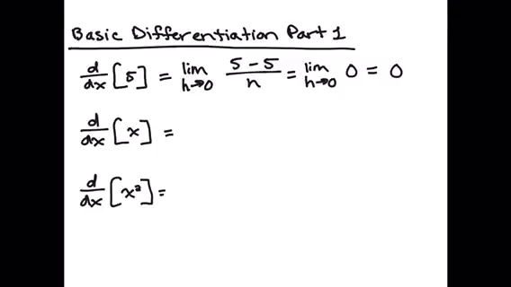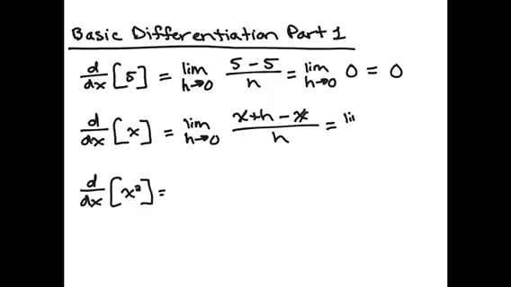If we take the derivative of x, then the limit as h goes to 0, f of x plus h would just be x plus h minus the original function all over h. Well, x minus x goes to 0. We have h over h, so we're taking the limit as h goes to 0 of 1, so we get 1.